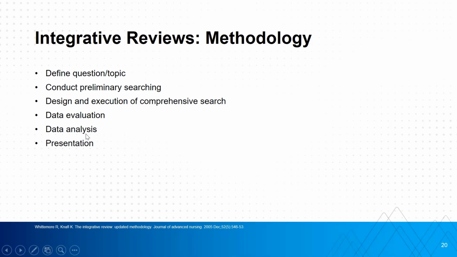So this can be very complex. It can get a little bit confusing. And the presentation part is the drafting, you're coming to your conclusions and drafting your manuscript. It's just that in the methodology that was formed in the Journal of Advanced Nursing, they call it presentation.